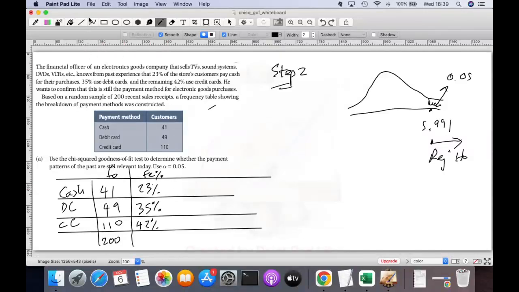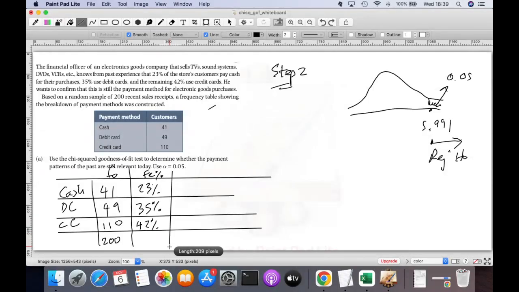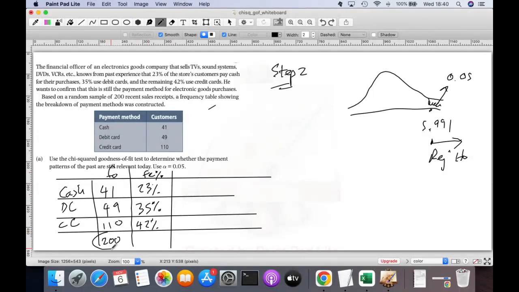All right, and now I'm going to start the calculations. Now for the chi-square test statistic, I need to know the FE values, as in the absolute values, not the percent. I need to know the volume. I know it's 23%, but what is the number exactly? And that's why we're going to use this total here.